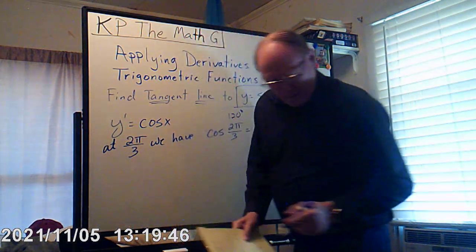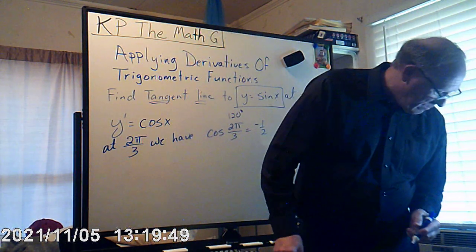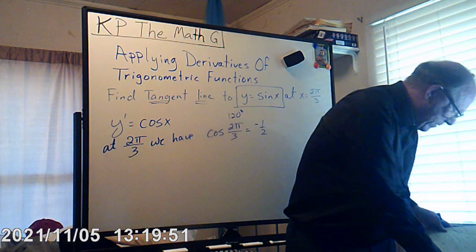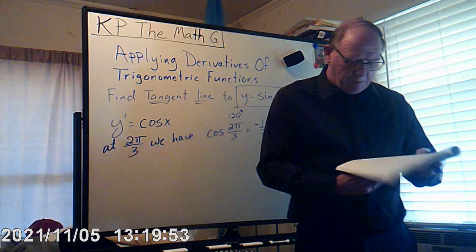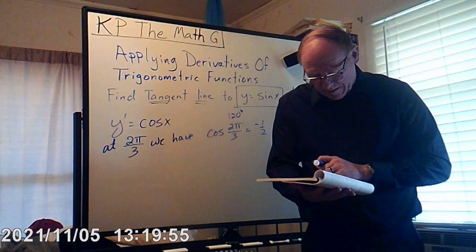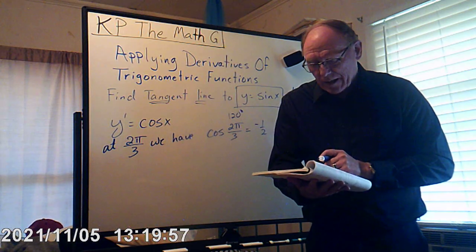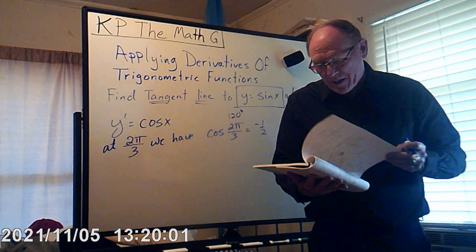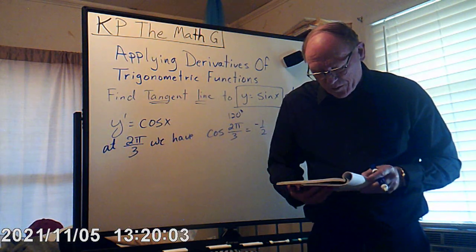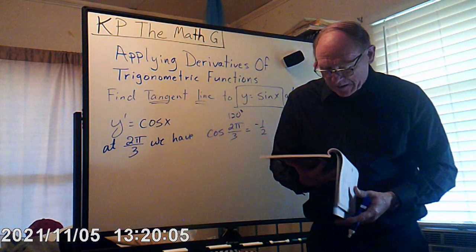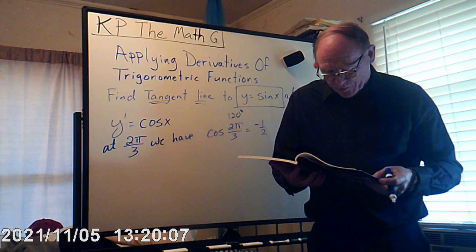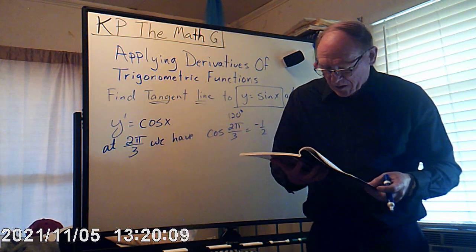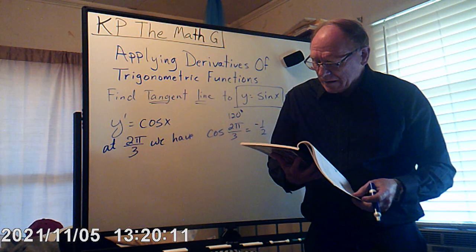I was trying to see where my notes were on that particular problem. Actually, I got this problem from a book that I've been using. Just bear with me for a second. I've been getting examples from that. Hold on, I'll get there.